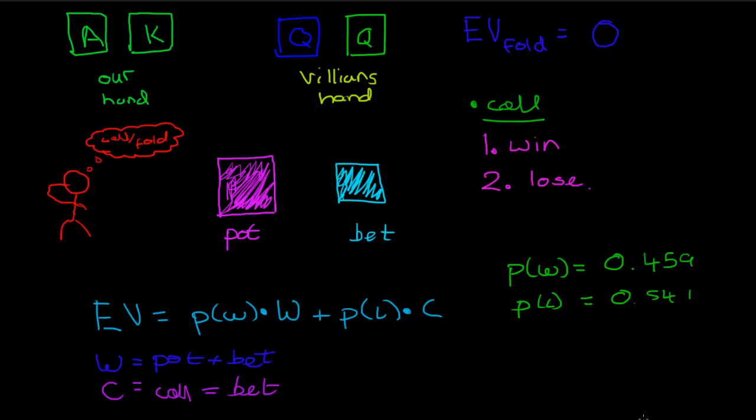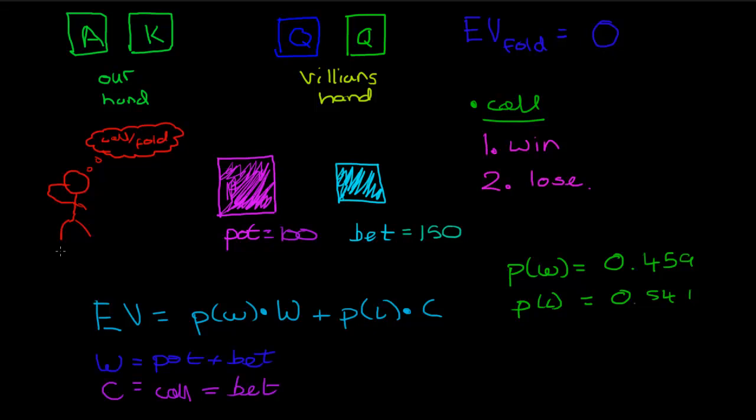So now we need to think about the sizes of the pot and the bet, because I didn't specify the numbers for that. I just said there is this bet and there is this pot. So let's say that the pot equals 100, and our opponent's bet equals 150. So our opponent overshoved, and shoved bigger than the pot.